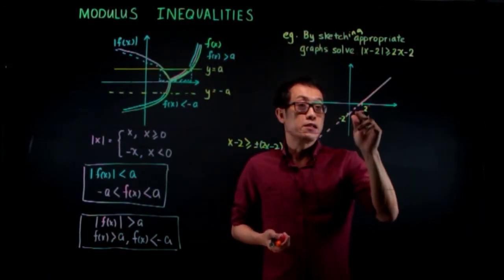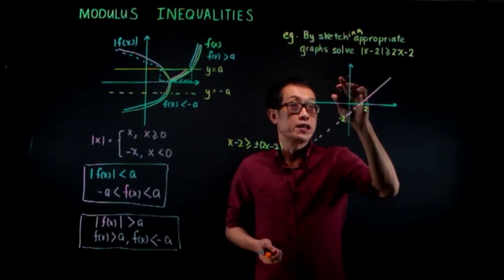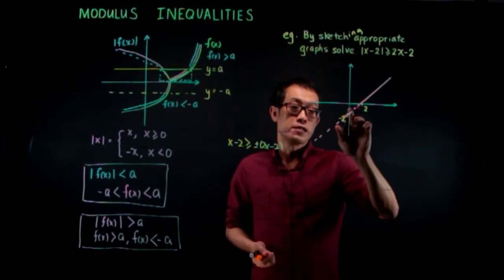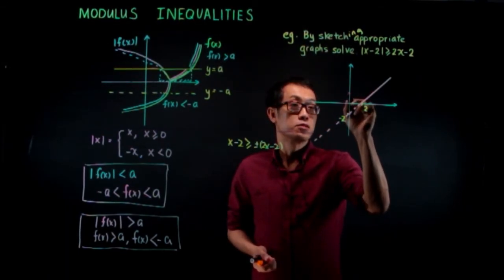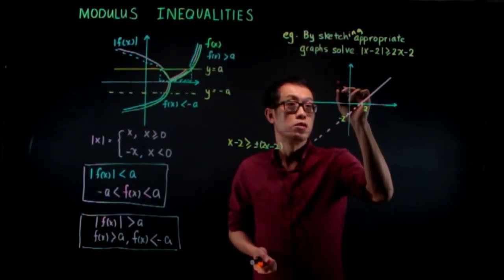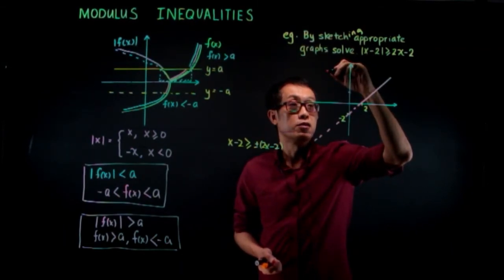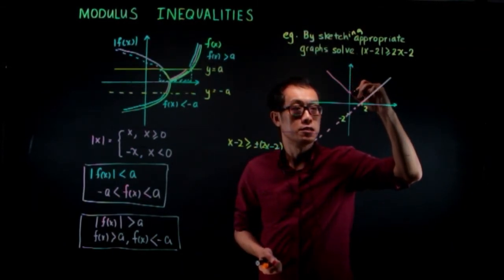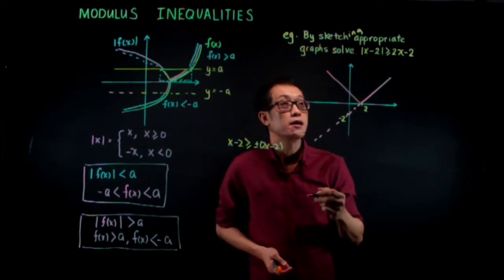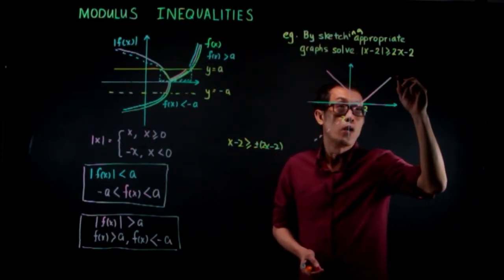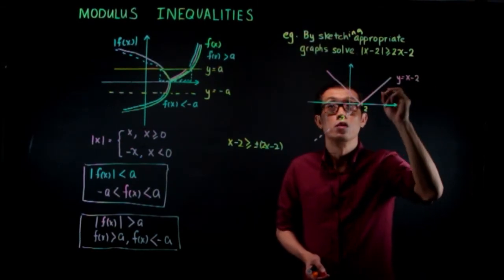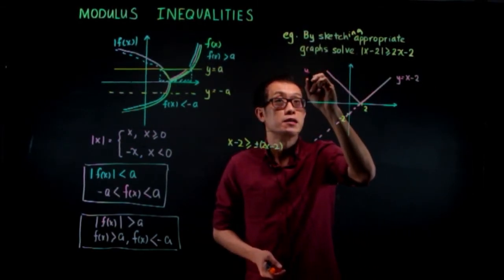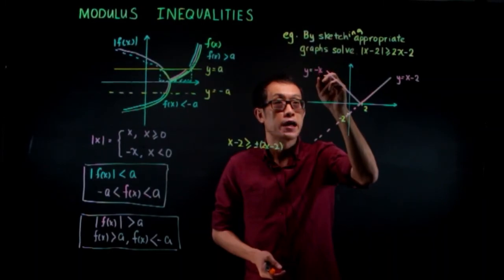Now you mod it, so you actually reflect it about the x-axis for those parts that are below the x-axis. So let's say this is 2. So you reflect, your graph will look something like this. So this is y equals x minus 2. This part is y equals minus x plus 2.